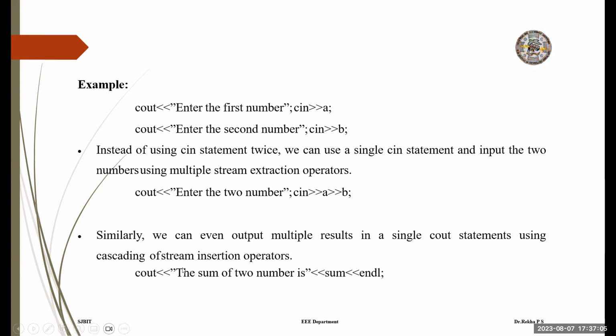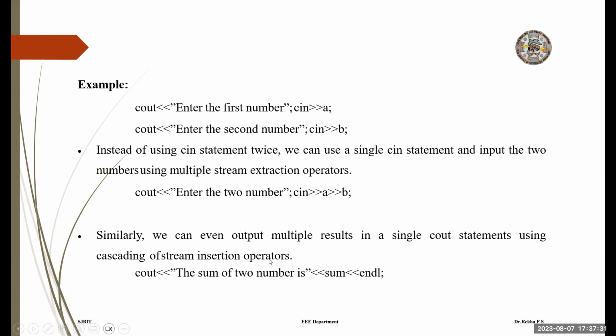Cout, you have written "The sum of two numbers is". On the screen, it will print the sum of two numbers is. Immediately, it will print the value of the content of this variable. The sum will have the value that will be printed, followed by this.